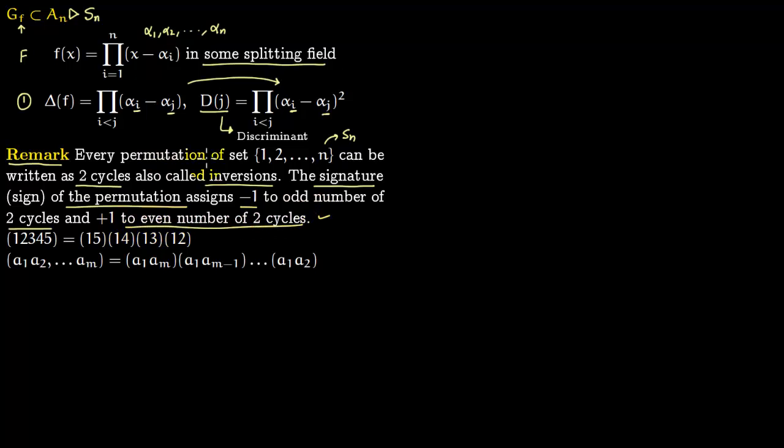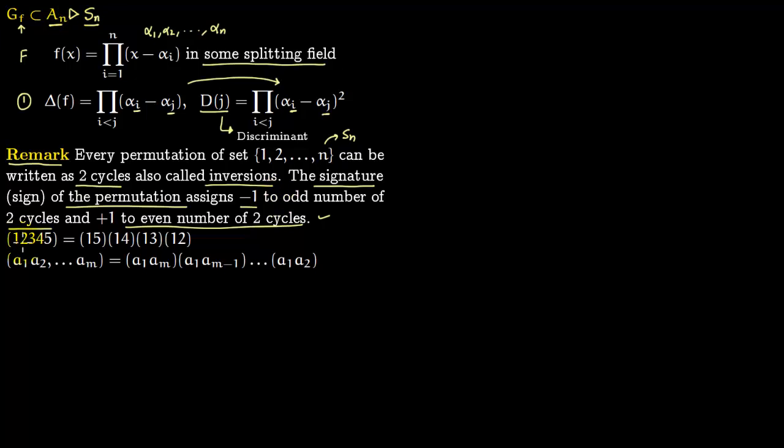We are talking about the permutation group because, as we have seen before, the Galois group is a subgroup of the permutation group. It just permutes the roots. And here we have to talk about the alternating group, which is a normal subgroup of Sn and consists of just even numbers of two cycles.